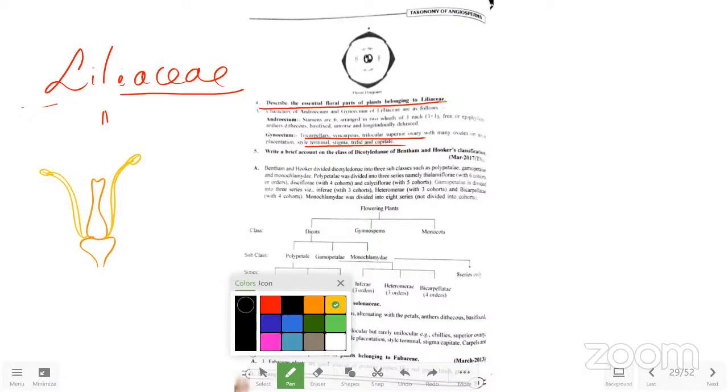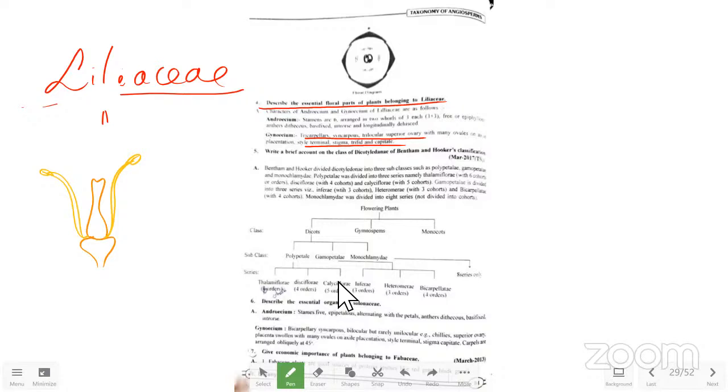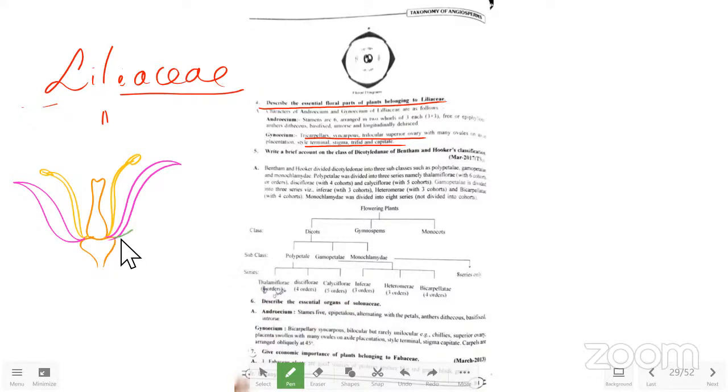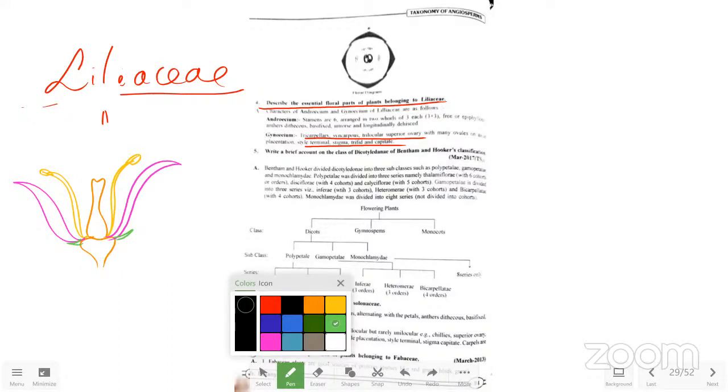Then we have to draw the flower, that is the perianth-lobes. Okay, like this, we can draw the complete flower.